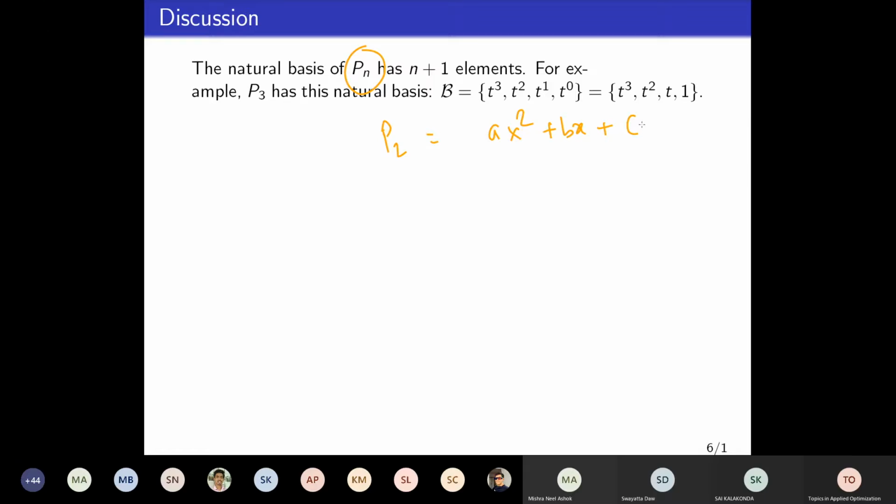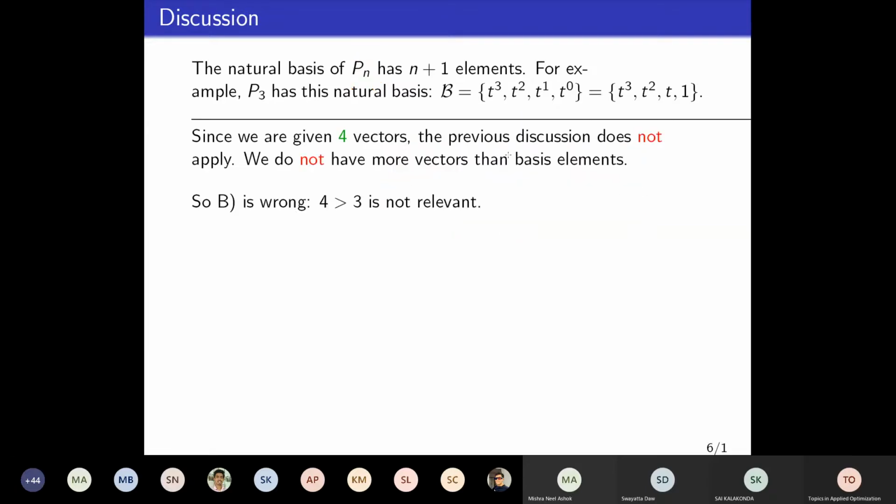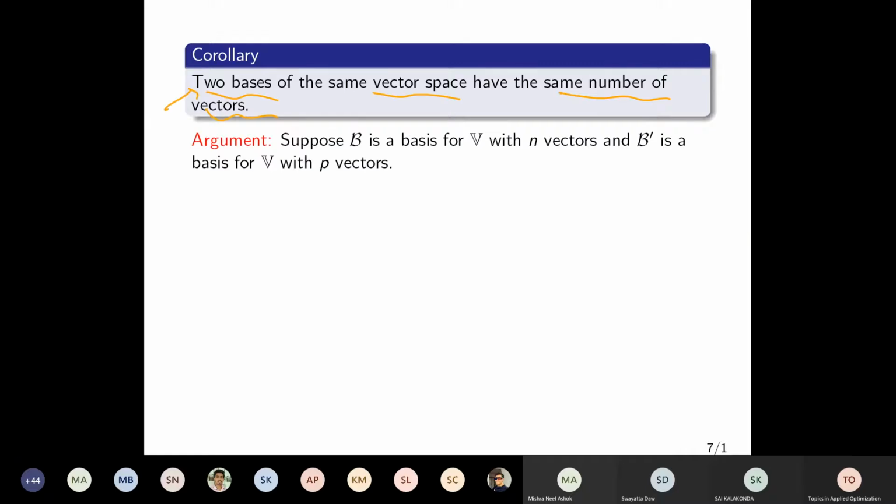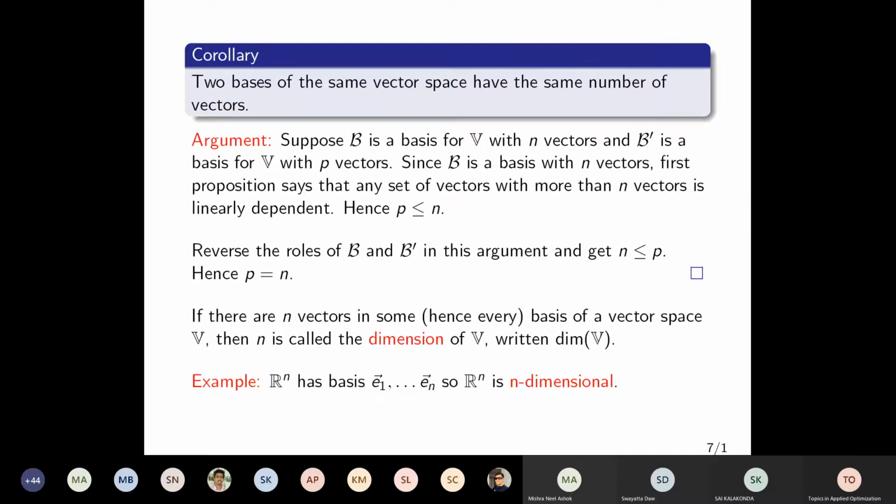So in this case, the basis needs 3 elements: x square, x and 1. For an nth degree polynomial, you need n plus 1 in the basis. So two bases of the same vector space must have the same number of vectors. Easy enough.